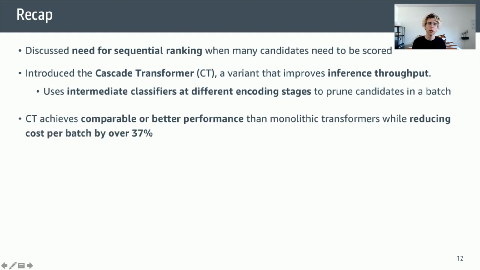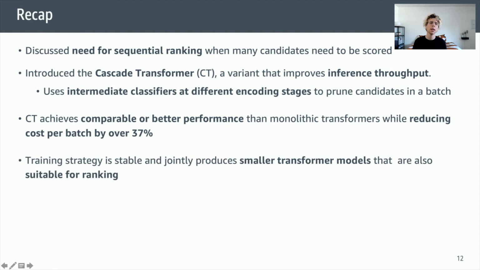The Cascade Transformer achieves comparable or better performance than monolithic transformer models while reducing the cost per batch by over 37%. And we've also shown here that the training strategy that we use for the Cascade Transformer is both stable and jointly produces smaller transformer models that are also suitable for ranking.